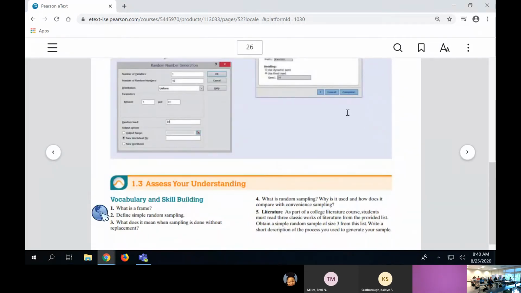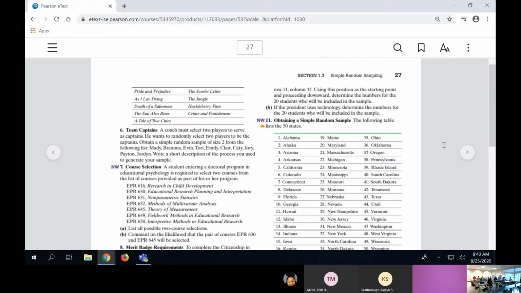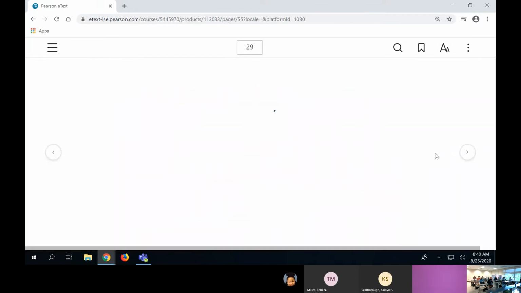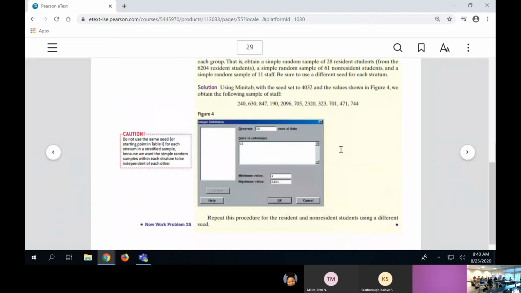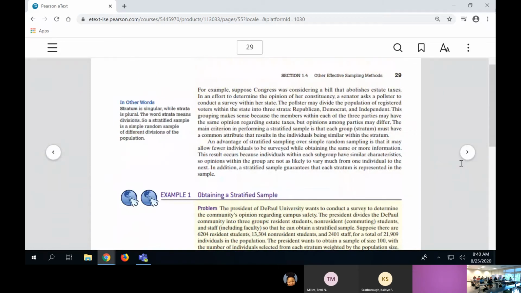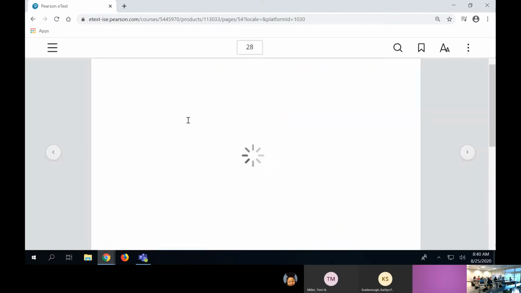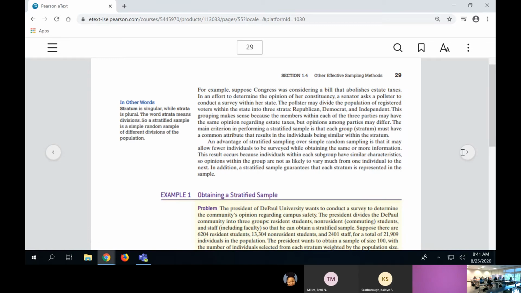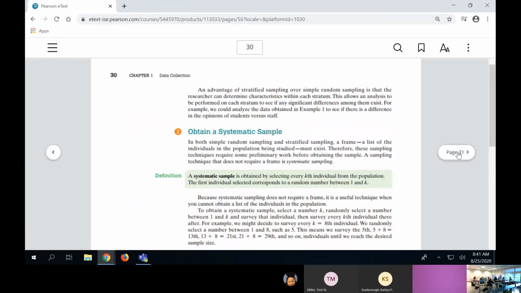That's 1.3. 1.4, this is ridiculous. This is a waste of paper. 1.4, if I ever get there, that was 1.4. Did I skip 1.4? There. And they start with stratified, which is the second to last. Don't write that down. I'm putting it in order by there. A systematic random sample.